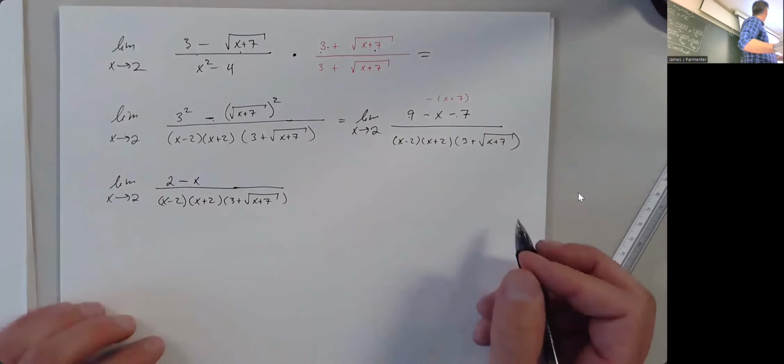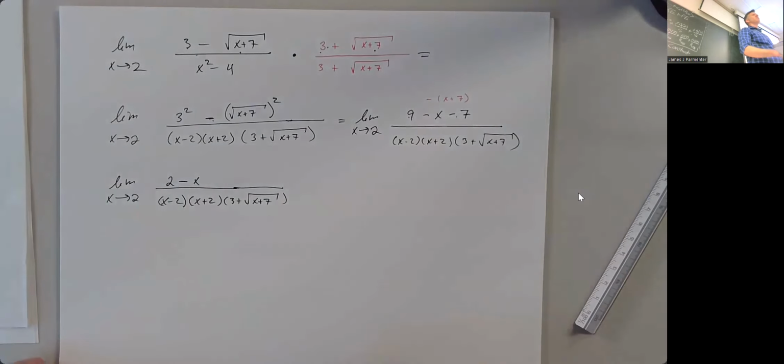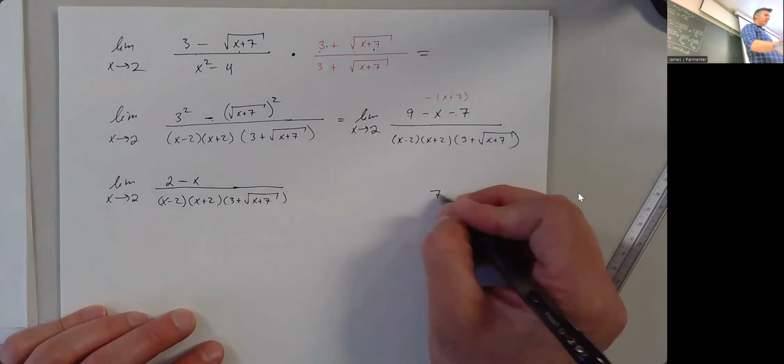Now I have problems. 2 minus x and x minus 2 aren't the same. They don't cancel out. They don't divide to 1. There's a couple ways you can go about dealing with this. One way is to know that when you subtract things in the opposite order, they are opposite signs. For example, what's 7 minus 5?